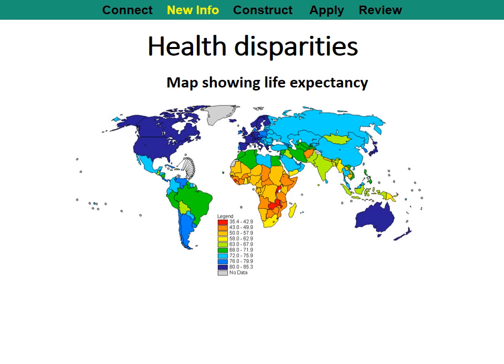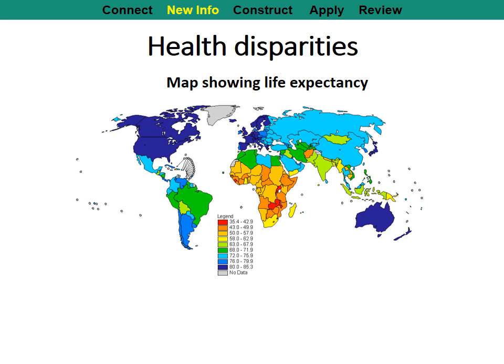If we look at the area of Africa that we saw before was the one bit that was mainly red, and here we see again this is the one bit of the world that's mainly in the orange and red colour there. So we can see there is a significant link here, isn't there, between the data of HDI and just looking at life expectancy.